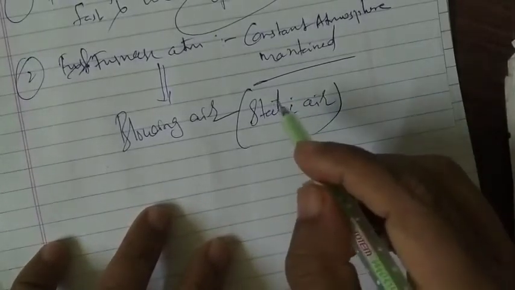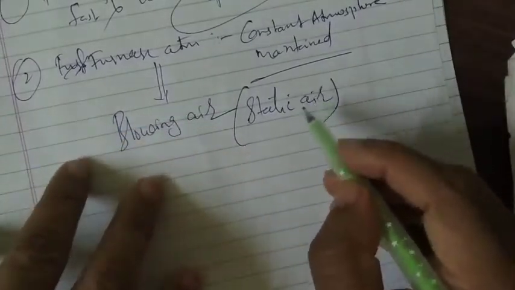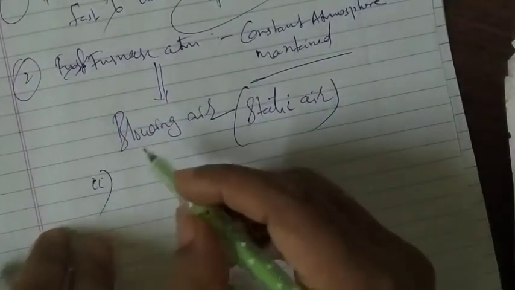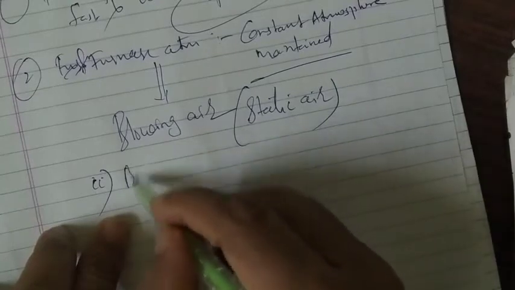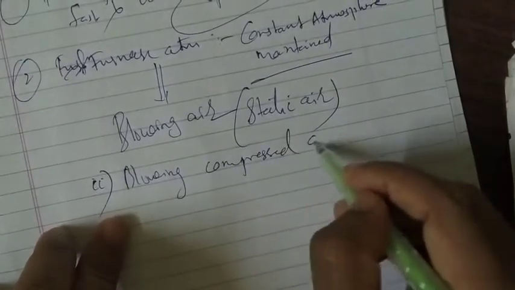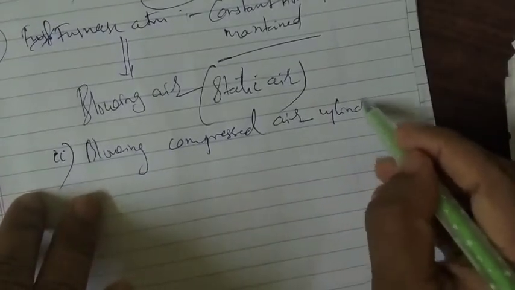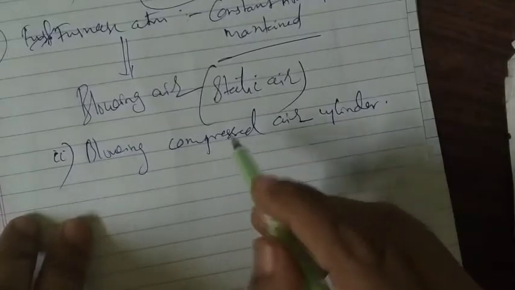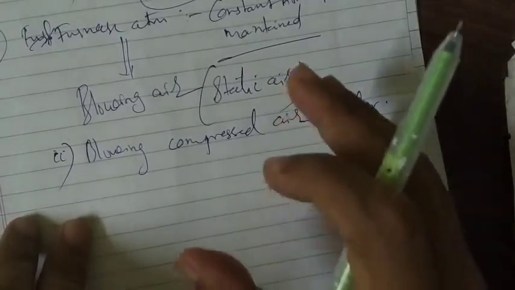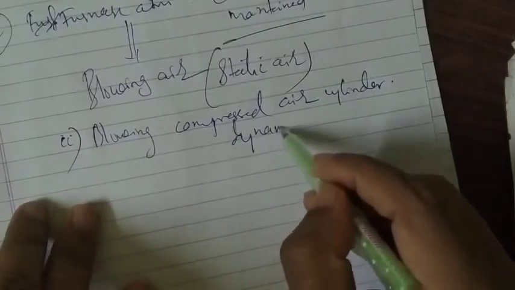In another case, there is blowing of compressed air from cylinders. The cylinder is used, and with force the compressed air is blown into the furnace, and that we call dynamic air.